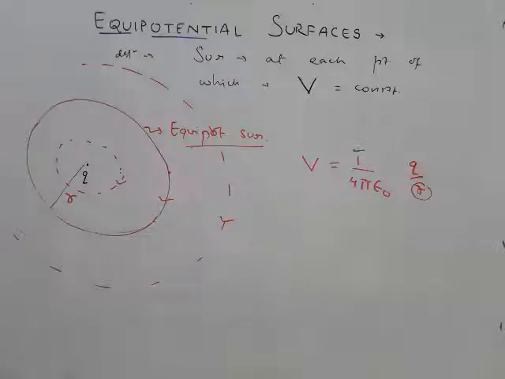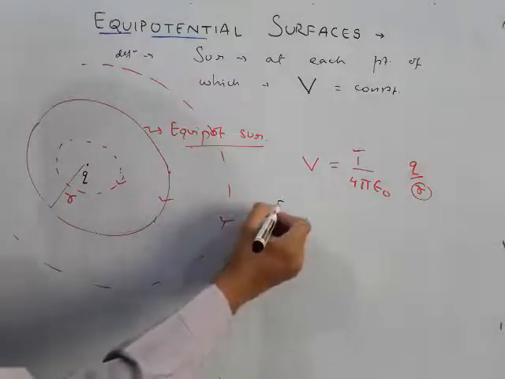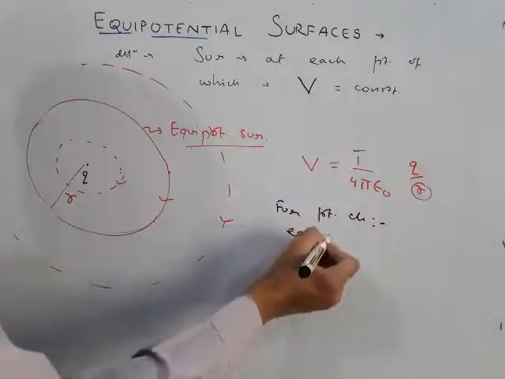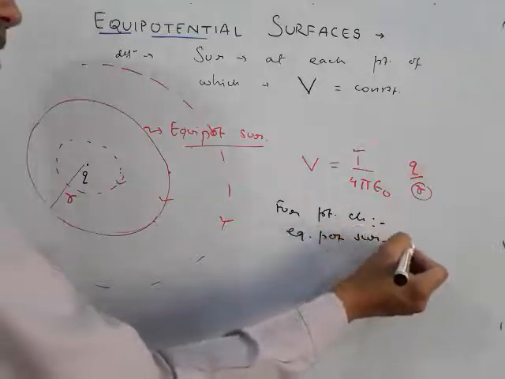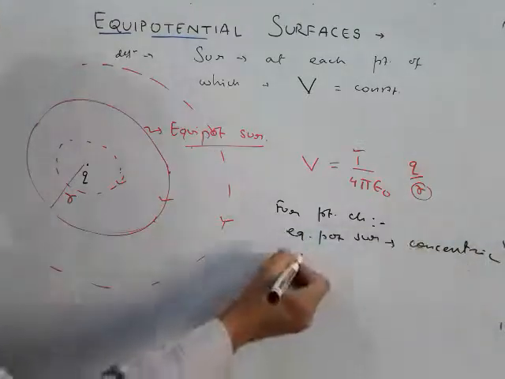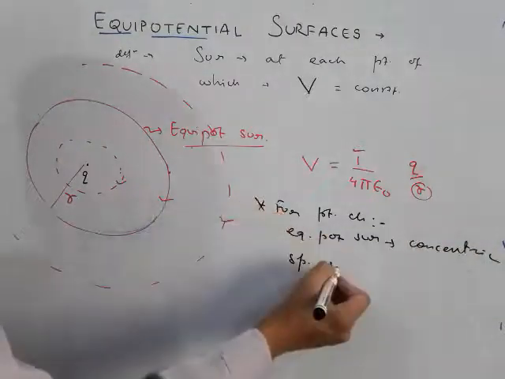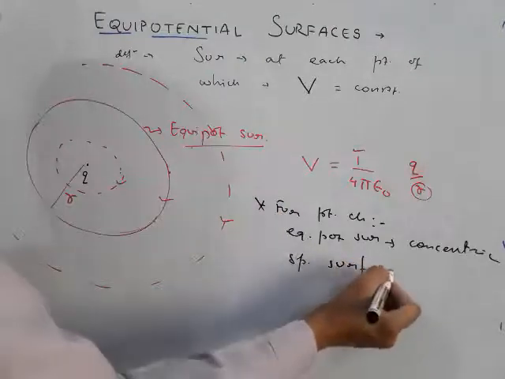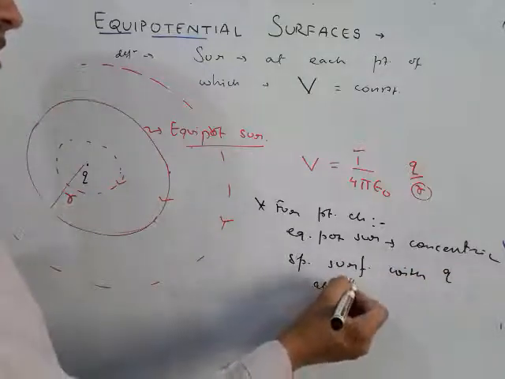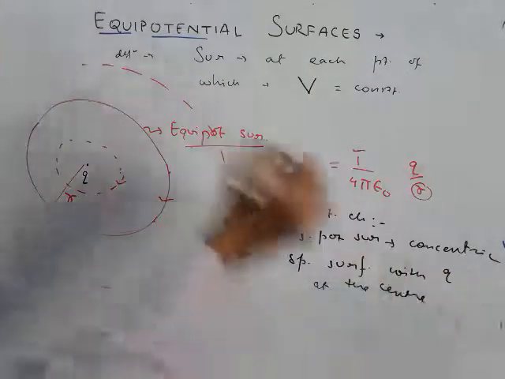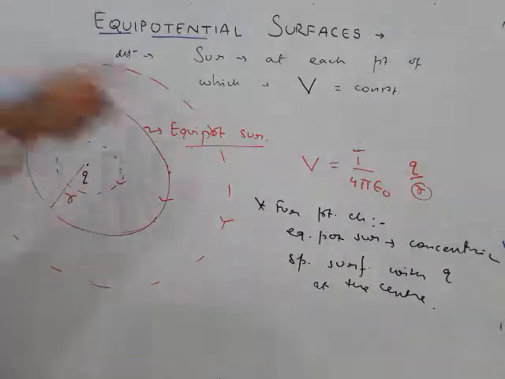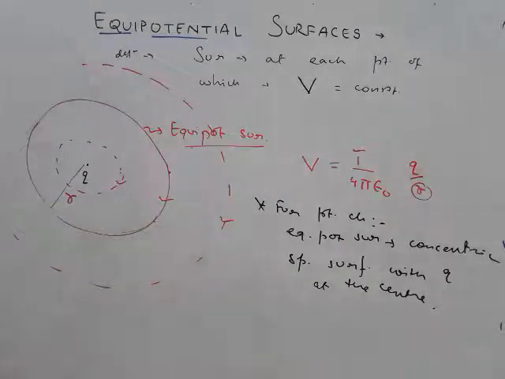So you can conclude, for a point charge, equipotential surfaces are concentric spherical surfaces with that charge Q at its center. All those spheres have that particular charge at their centers. Such a sphere will be an equipotential surface.